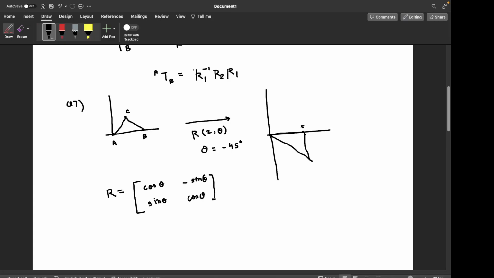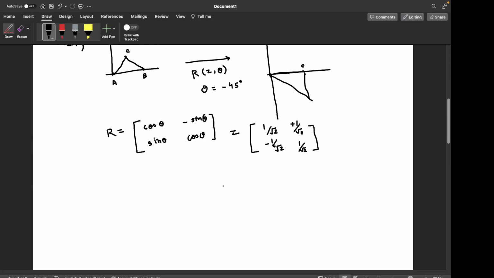This is the matrix. Evaluating this matrix at theta equal to minus 45, this will give us 1 by root 2, minus 1 by root 2, and again there is a minus, so plus 1 by root 2, because theta is negative, and cos is again positive.